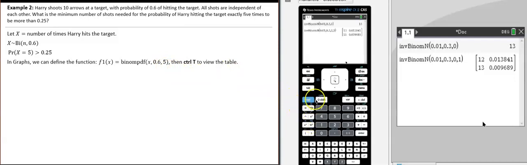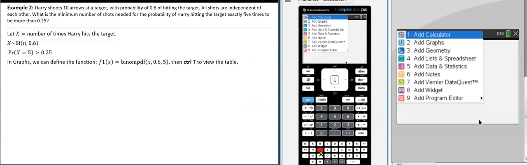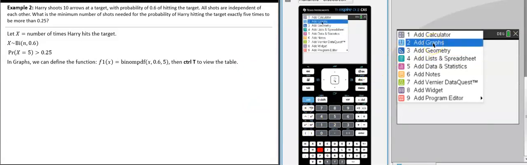One way to do this, I can open a graphs page. So there I said Control I for insert, and then I'm going to add graphs.